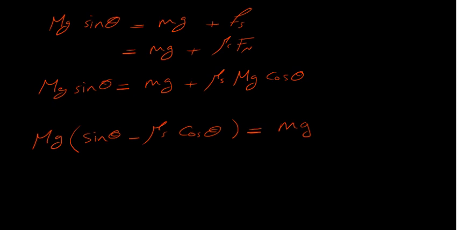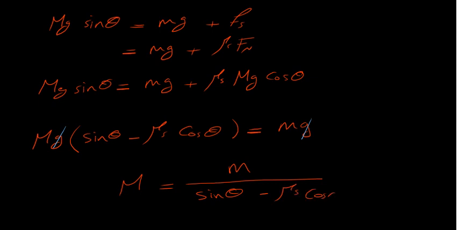Now one more time, I can eliminate the gravity acceleration, and from here I can find how much capital M is. It will be small m divided by sine theta minus mu s cosine theta. That's the value of the mass M to stop this system from sliding downward.